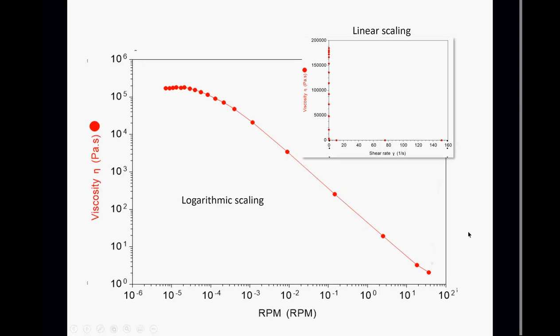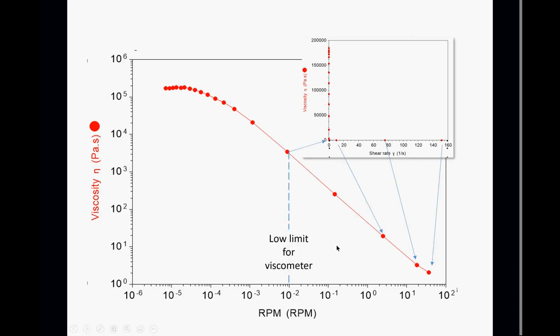What we can then see is that right down here, we've got a data point that's at 1/100th of an RPM. This is the low limit for most viscometers on the marketplace, but all the action is really occurring below that limit.